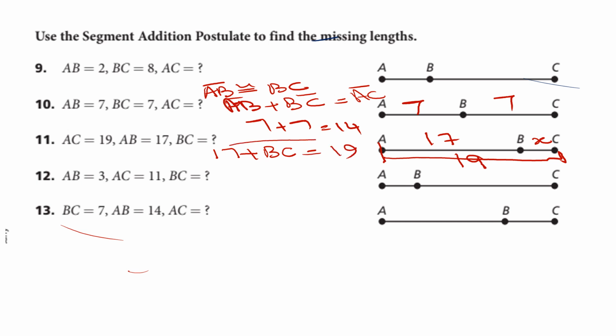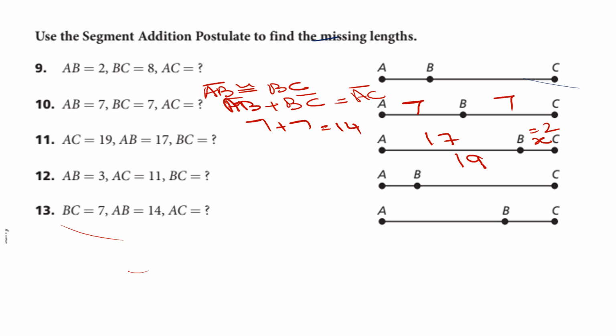So bring the 17 on the other side. 17 goes on the other side. It becomes 2. So it means BC is equal to 2. So here 17, x is 2, 17 plus 2 is 19. But again, I am telling you that the most important thing is that you show your work during the exam and even during the class activities.